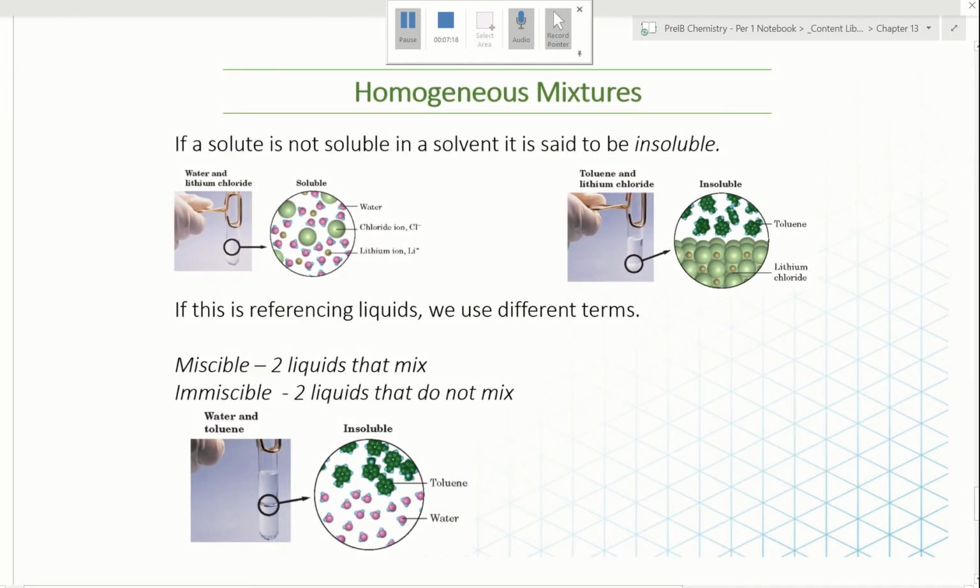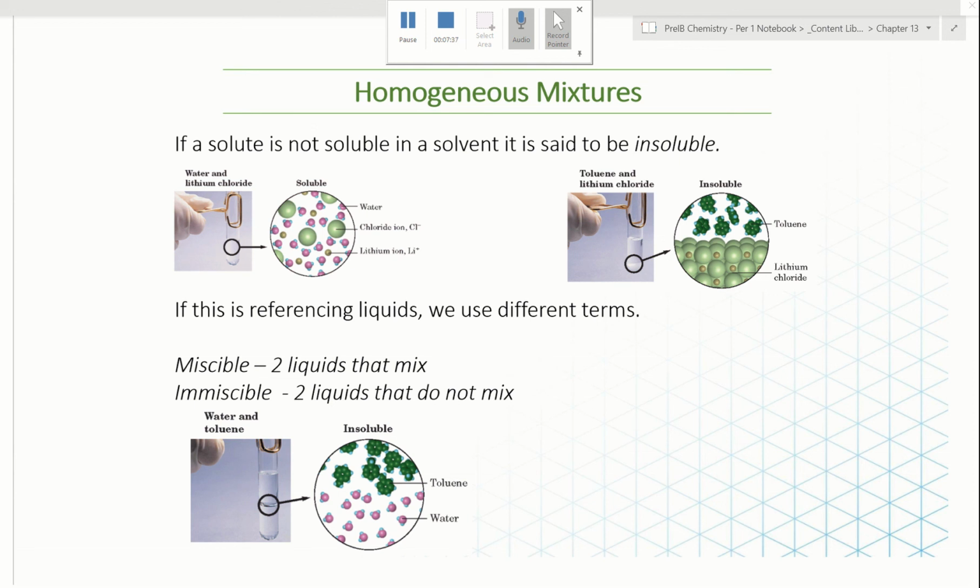Homogeneous mixtures, when we look at them, we say that they can either be soluble or insoluble. We learned our solubility rules when we did double replacement reactions, and we're not going to revisit those right now, so don't worry.